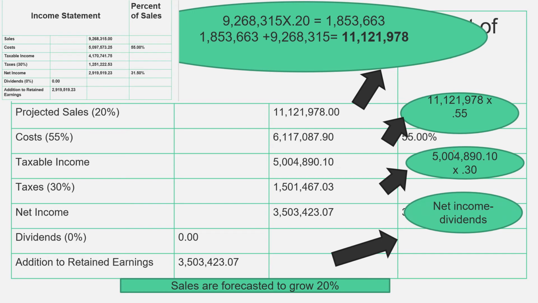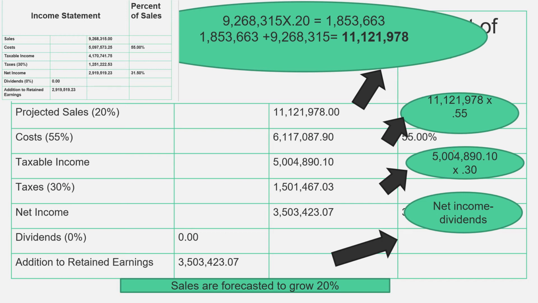Next, in order for us to get the addition to retained earnings, if there is a dividend, just like the example earlier, if this dividend payout is 10.28%, you get 10.28% of the net income. And then you'll have the amount here for dividends. Net income minus dividends will be your retained earnings.